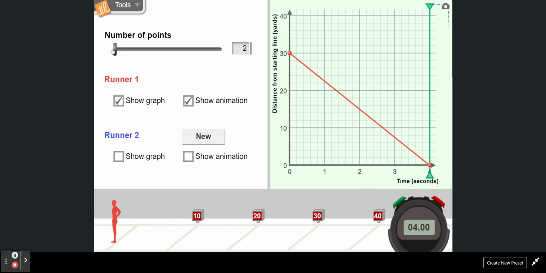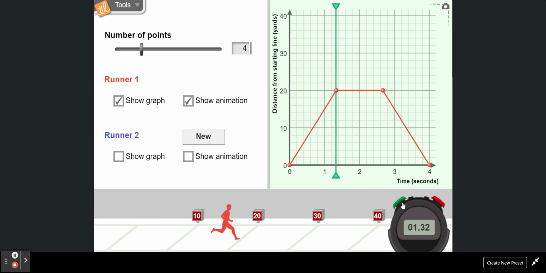Remember the thing that I always like to talk about. Let me do 4 points here. I am going forward, I am staying the same, and then I'm going backwards. I'm going to run forward, stay the same for a second or two, and then go backwards. So let's see what that looks like. Go forward, stay the same. Now I'm going to go back. That's what it looks like on the graph.